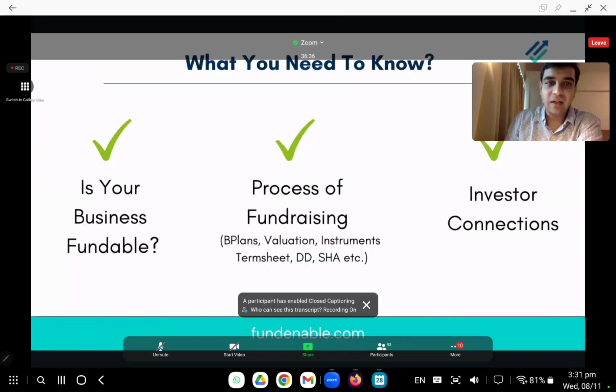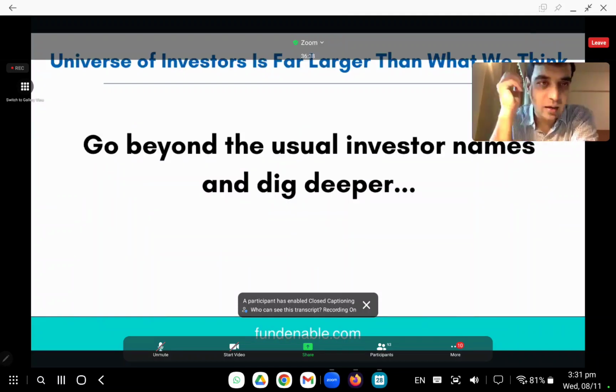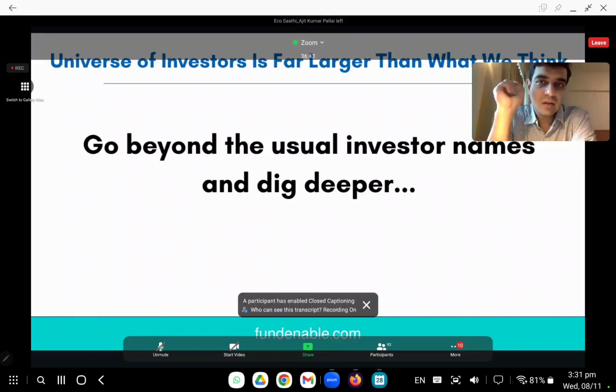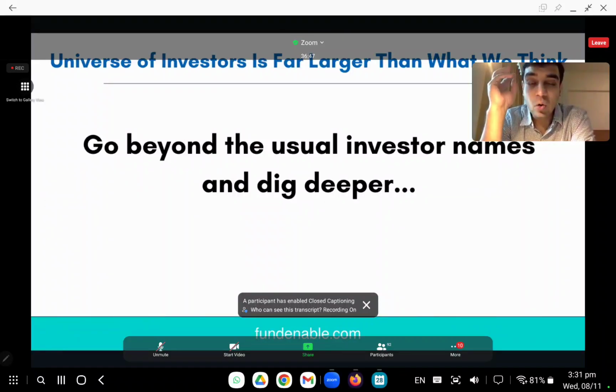The second part, which is extremely critical, is to understand that the universe of investors is far larger than what we think. Going beyond the usual investors and digging deeper is extremely critical. What do I mean by going beyond the usual investors? All of us are aware of names that we read in the news.